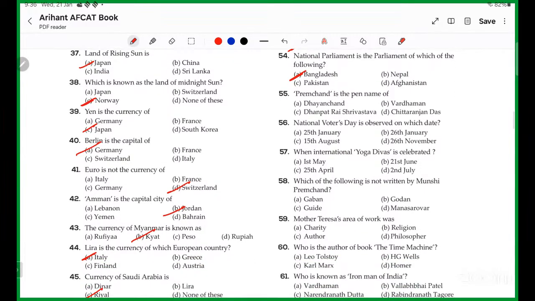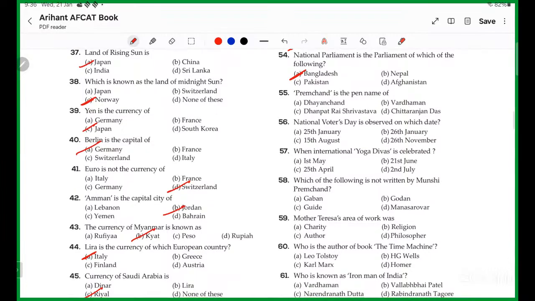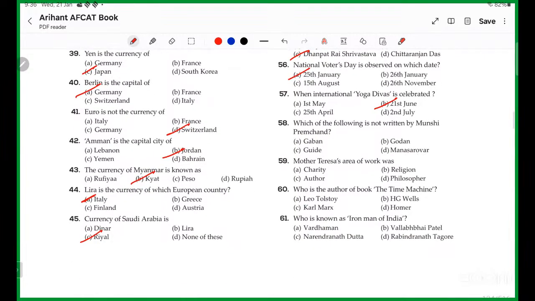Premchand is the pen name of Dhanpat Rai Srivastava. National Voters Day is on 25th January. Yoga Day is on 21st June. Which of the following is not written by Munshi Premchand?